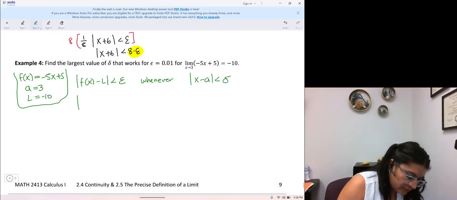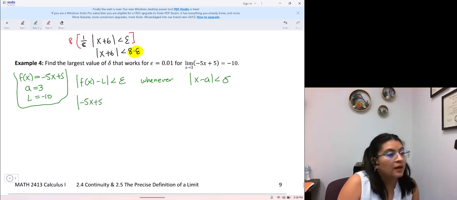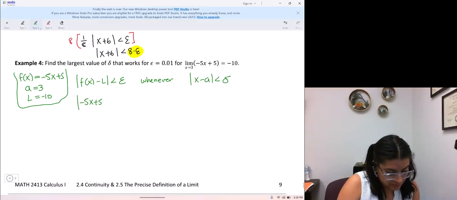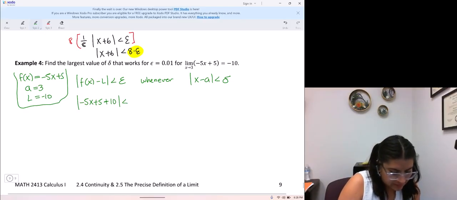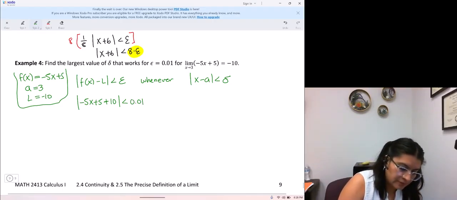The function itself is negative 5x plus 5. L is negative 10, so double negative makes it a plus 10, is less than, and now we have a value for epsilon, which is 0.01, whenever the absolute value of x minus 3 is less than delta.